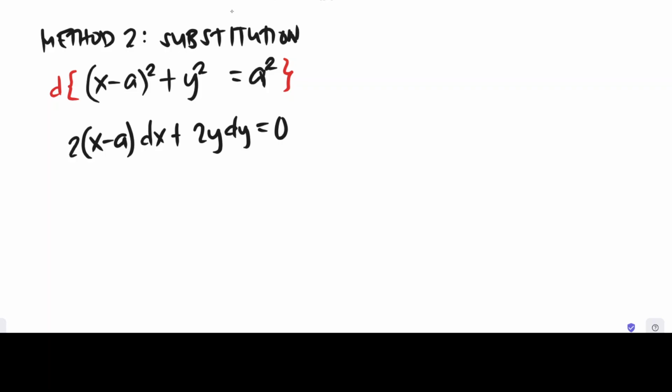Now, let's try to find a possible substitute for a from our original equation. The original equation is (x minus a) squared plus y squared is equal to a squared. If you remember our process in the isolation method earlier, we expand this term.